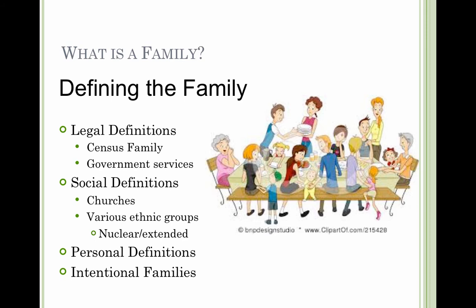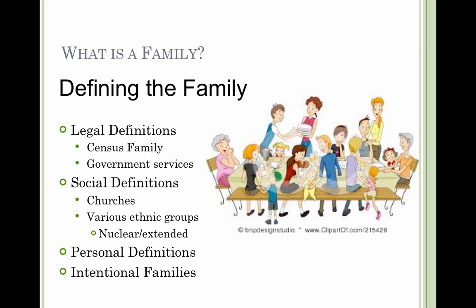Now, social definitions. Various groups, including religious organizations and ethnic groups, will have definitions of family which are different. And in hospitals in some places, they may apply some of these more social definitions in terms of who can visit a family member. In spite of the differences in terms of social, there are two basic concepts that emerge.